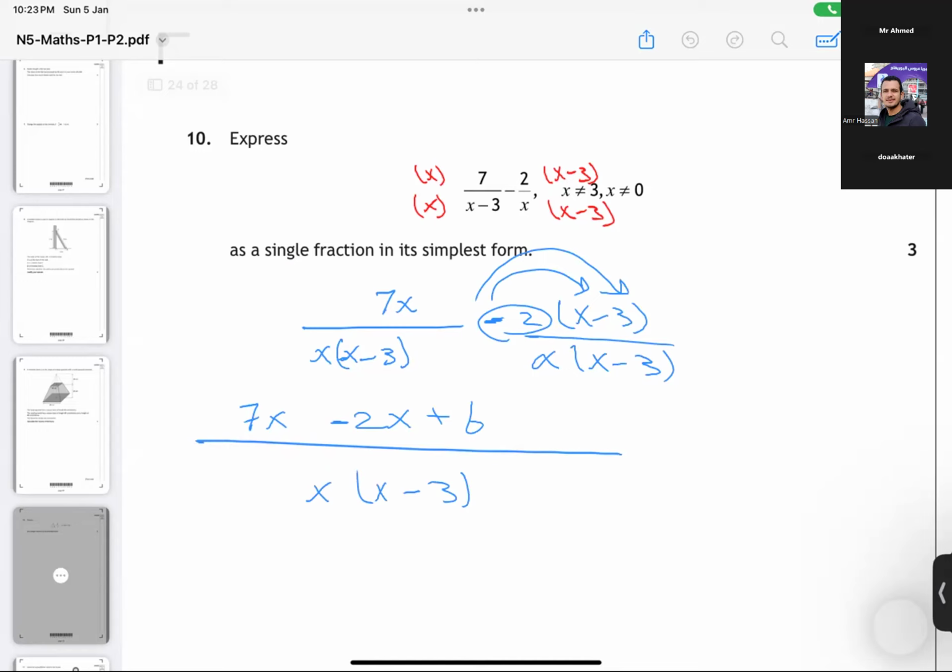So 7x minus 2x is 5x plus 6, it's not b, it's 6, divided by the denominator. Okay, did you get it? Yeah.